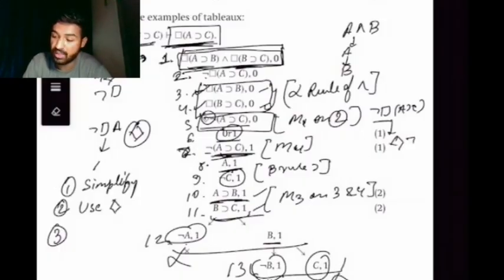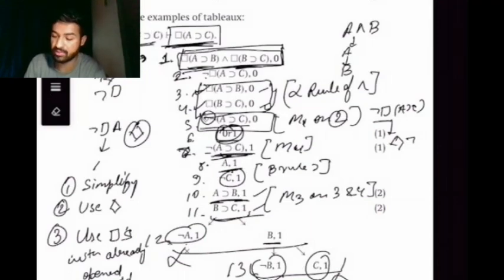Then the third step is, after solving those diamond propositions with new worlds opened, we have to use boxes with already opened worlds, the worlds that we already opened with diamonds.